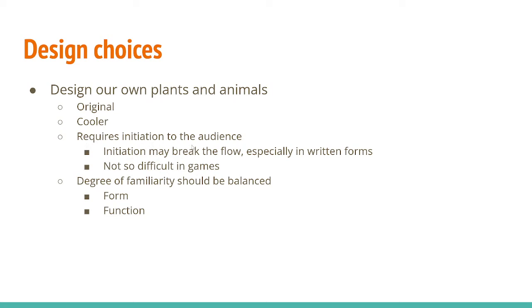So something that they have never seen before requires a certain amount of time to take in. So they're going to look, what does this plant look like? What does it do? Is it a fruit? Is it something else? And with animals, the need is more immediate, because is it a mount? Is it an enemy? Especially in a game when you see a creature for the first time, some cues are required to describe what they are to us.